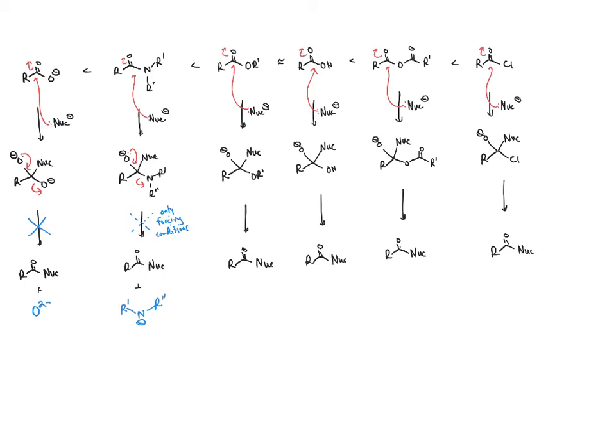All right, in the case of the ester, we can get collapse of this intermediate with loss of an alkoxide, and this does work. In the case of the carboxylic acid, we get loss of OH.